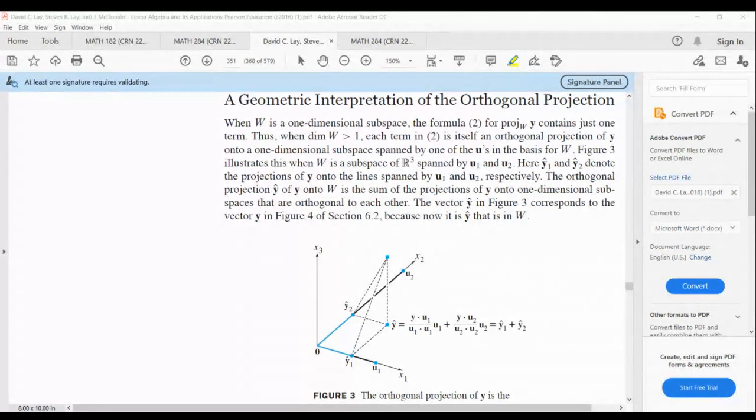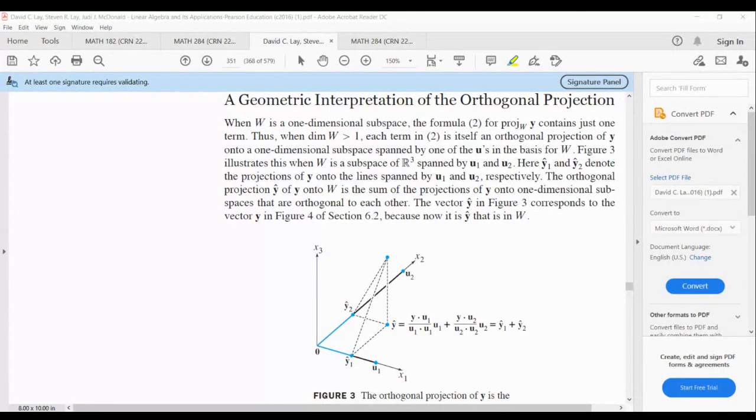In the x1, x2 plane, you have orthogonal vectors u1 and u2. The vector y can be thought of as the sum of two projections: the projection of y onto the subspace spanned by u1, and the projection of y onto the subspace spanned by u2.